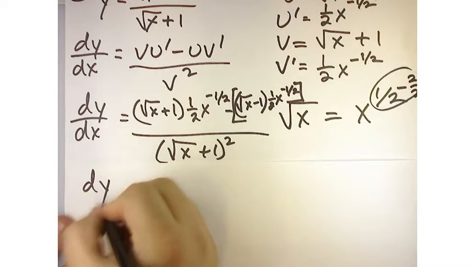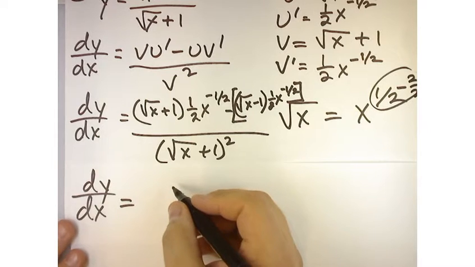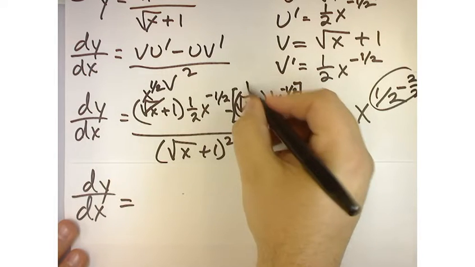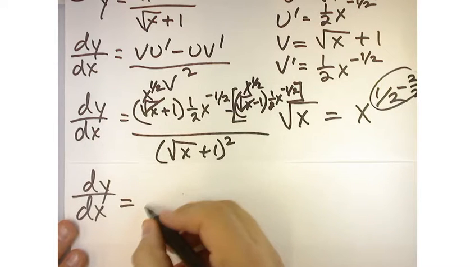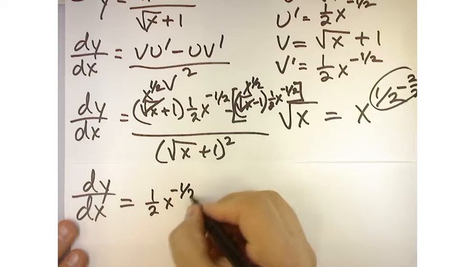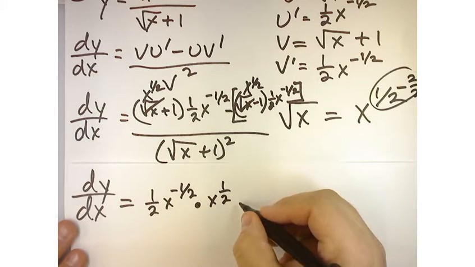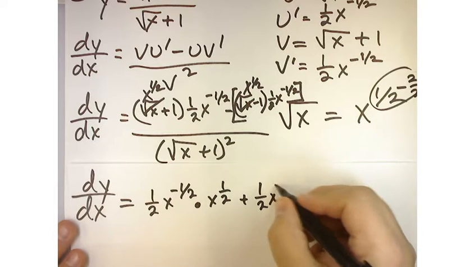So I've got dy/dx is equal to, I'm going to change this to x to the 1/2, and I'm going to change this one to x to the 1/2. So when I push this through, I've got 1/2 x to the negative 1/2 times x to the 1/2 plus 1/2 x to the negative 1/2.